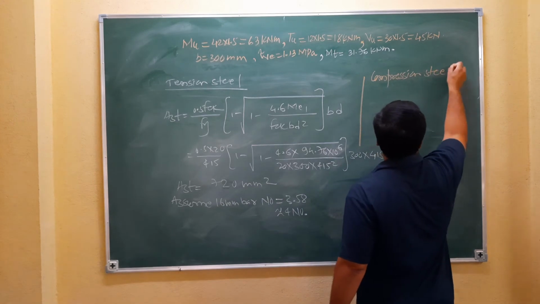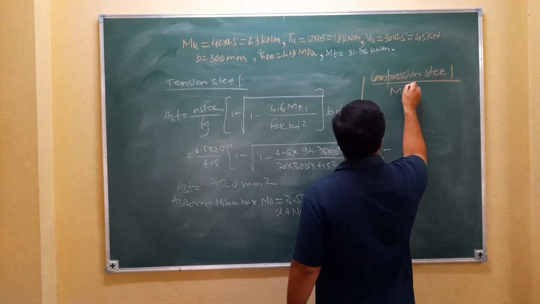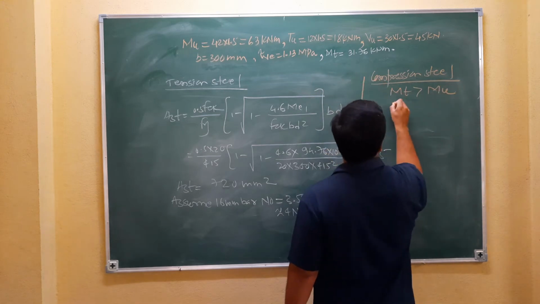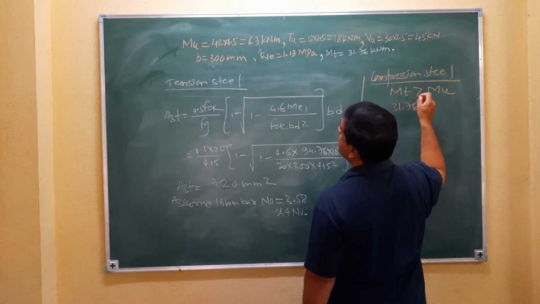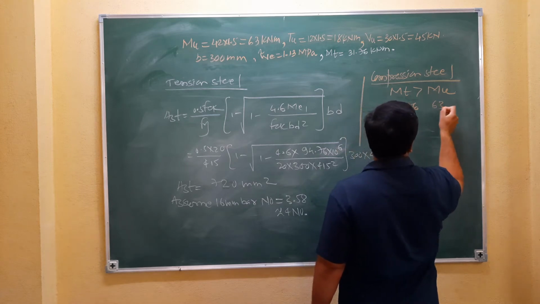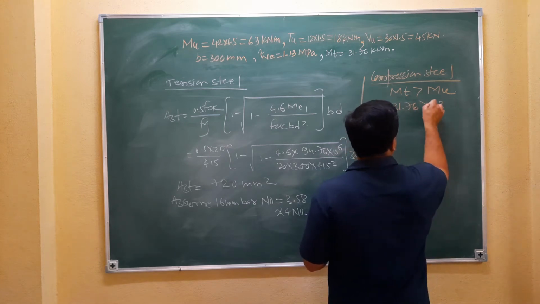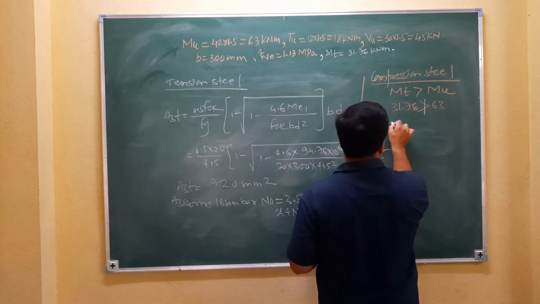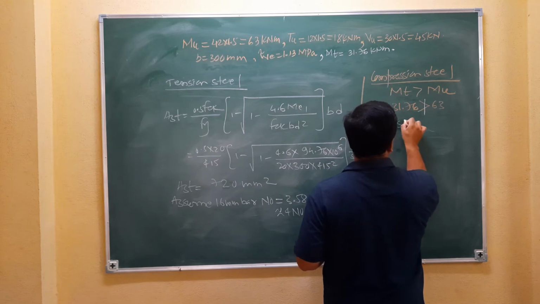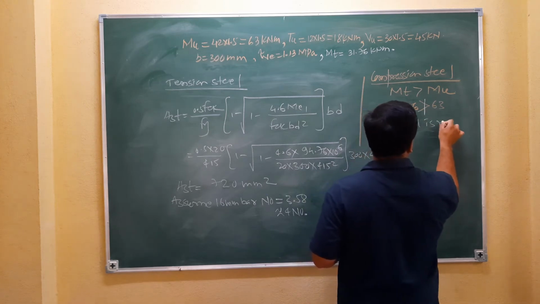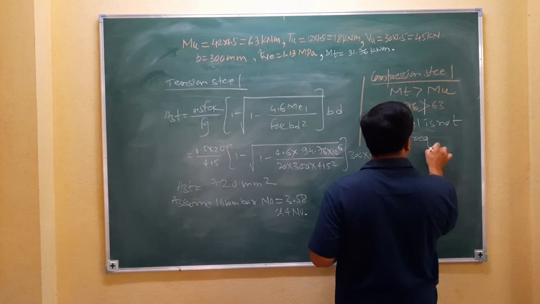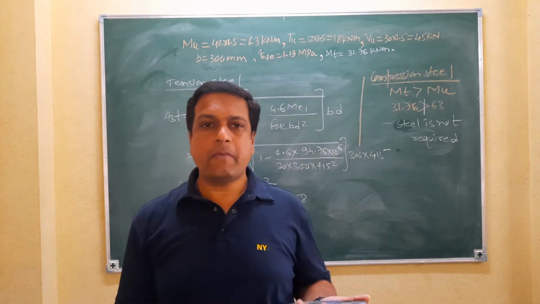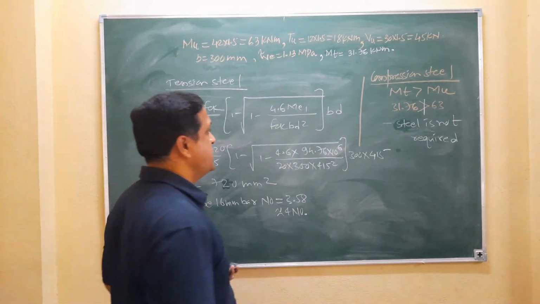If numerical value MT exceeds the numerical value MU. MT is 31.76, MU is 63. So this value not exceeding the MU, so compression steel is not required. Okay, but provide the minimum anchor bars same as the tension steel.